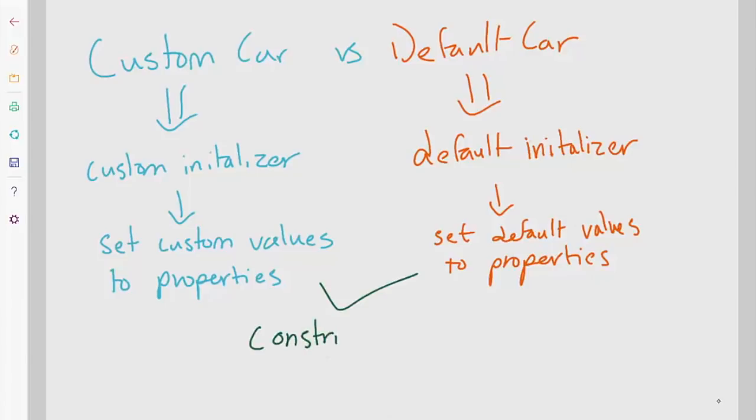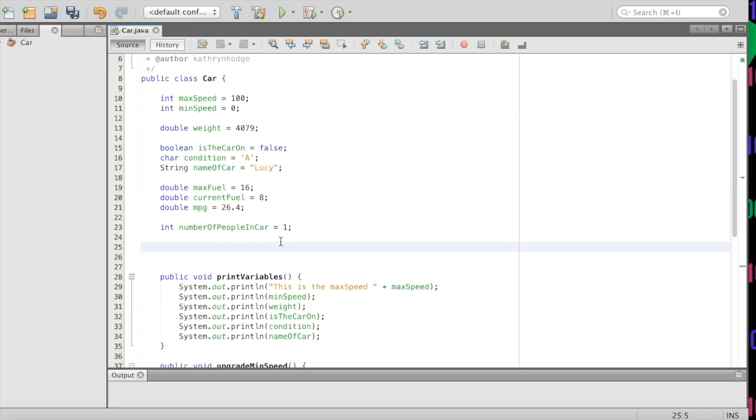So if you go to where your fields are and then go a little below that, that's customarily where you're going to put your constructor that literally constructs the car, creates an instance from the stuff we have in our blueprint. The first thing you're going to write is public. We're going to say anyone can create these, and so we'll say public.